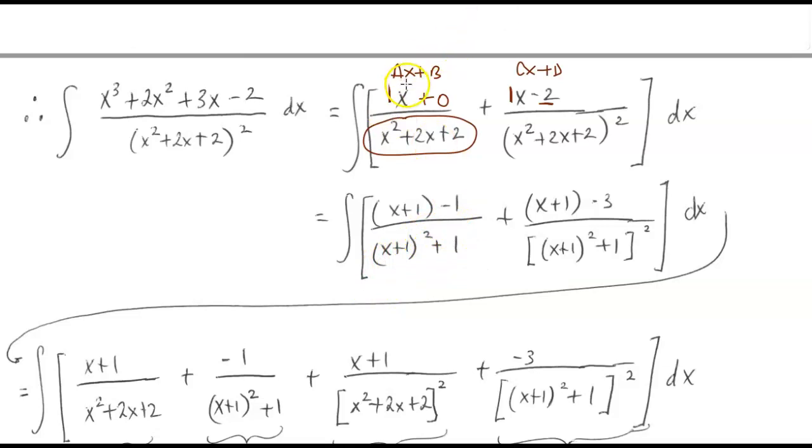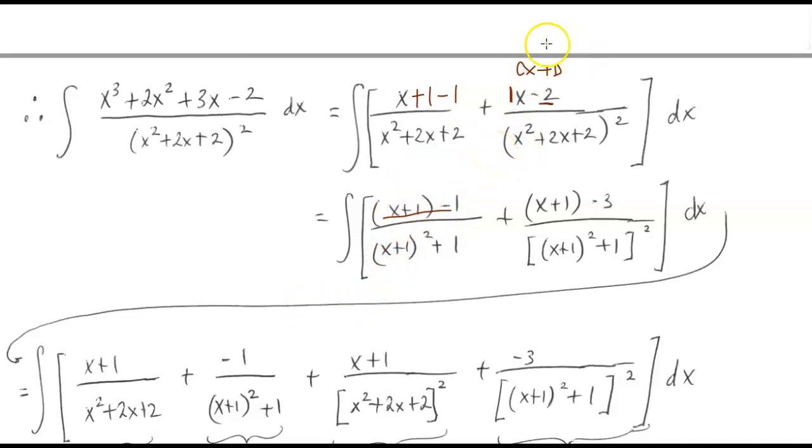And that works out well, because it also makes it easier to rewrite our numerator in this first term, because we know that x is the same as x plus 1 minus 1. So that's what we've written here. And we see that they have the x plus 1 terms in the numerator and denominator, so that lets us know that we can do some form of substitution here.